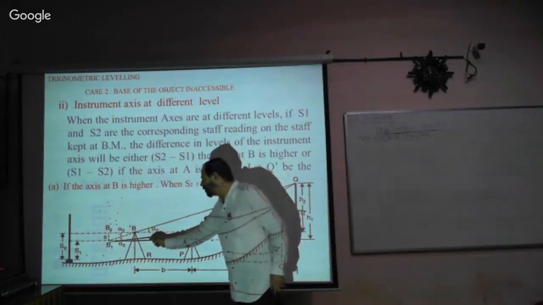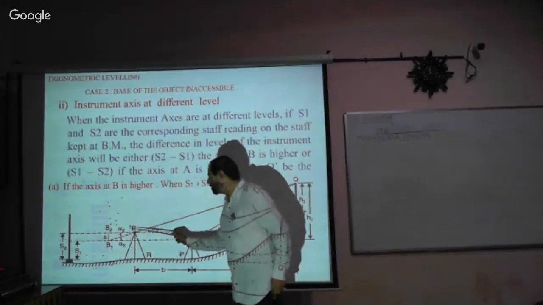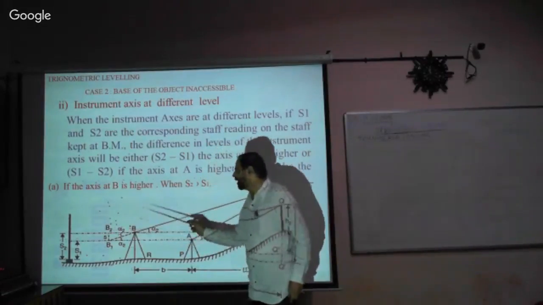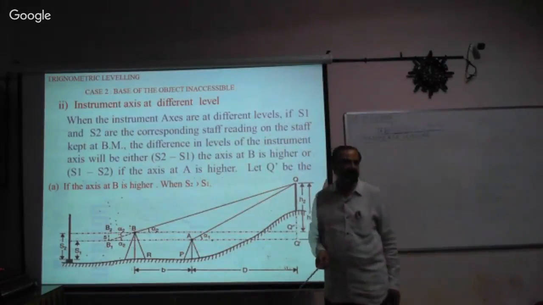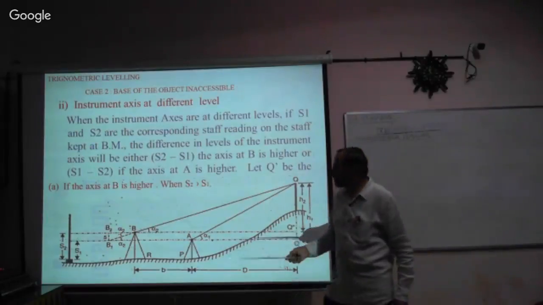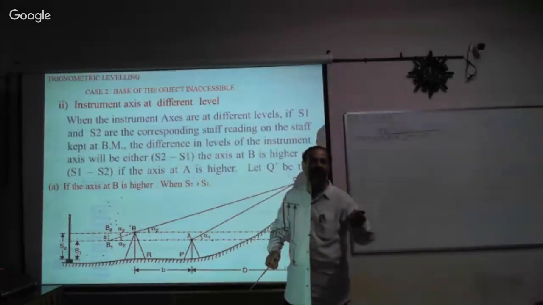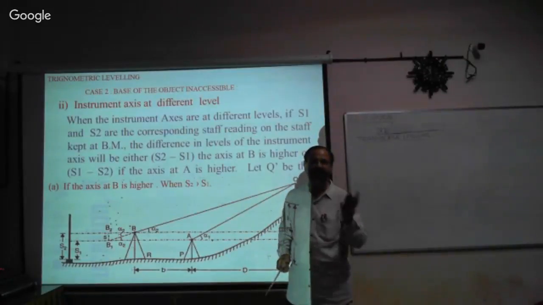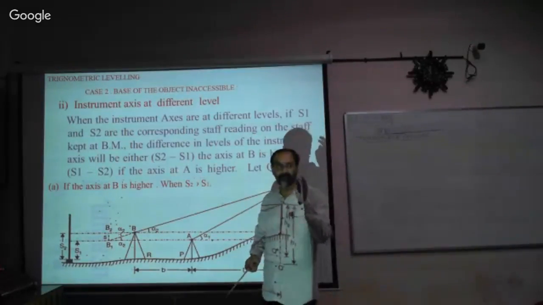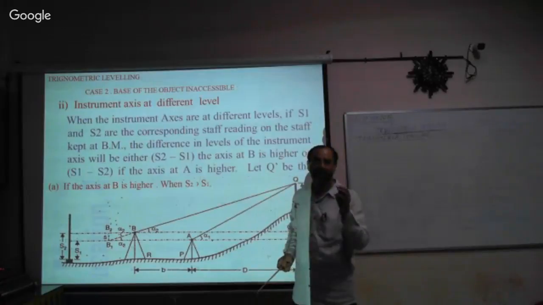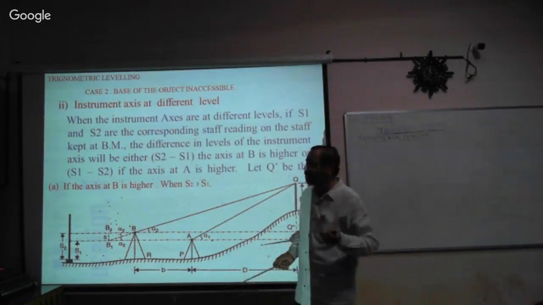Therefore, let us solve this problem. We will get the distance between B2 and B dash. Now we are modifying our triangle to make the procedure simple, to solve the problem easily.